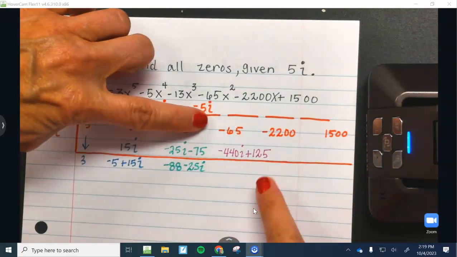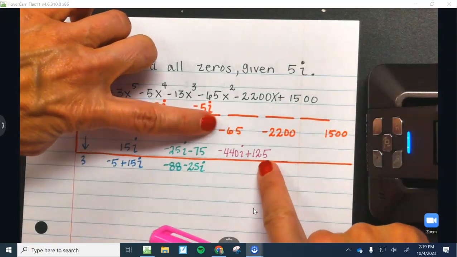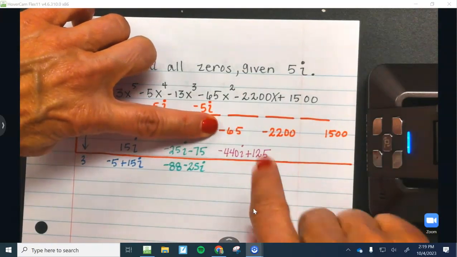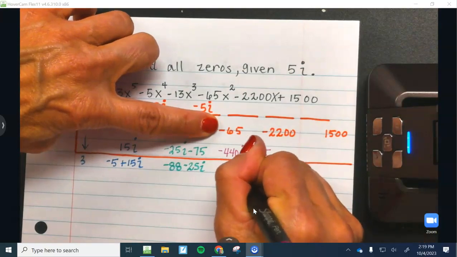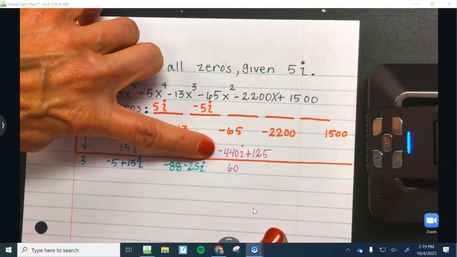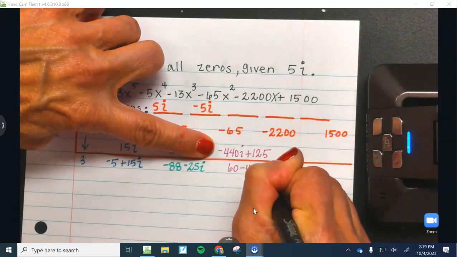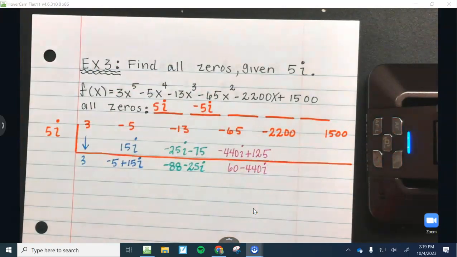All right, so guys, 125 minus 65. Yeah, 125 minus 65 is a positive 60. Let's write 60. Let's recopy the negative 440i and keep going. So fun. All right. 5i times 60 is 300i.